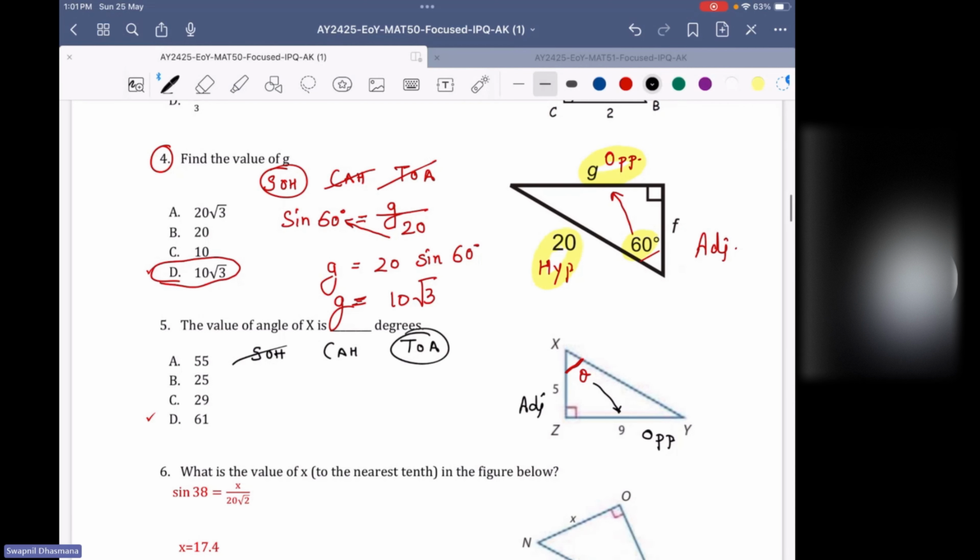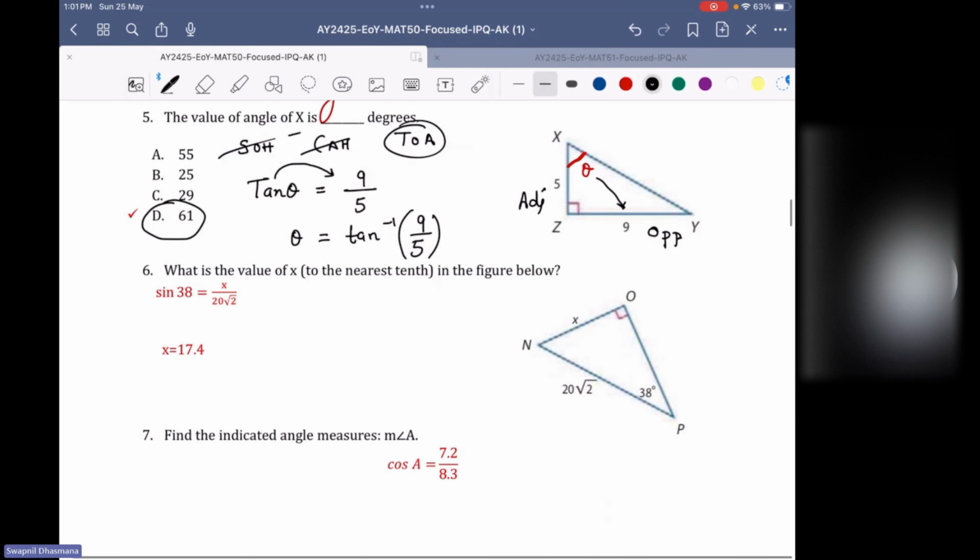So that will be tan. So you will do tan theta equals opposite divided by adjacent. Now to solve it, you can do shift calc. You can just take this here, it becomes tan inverse. Write this in calculator, you will get approximately 61 as your answer.